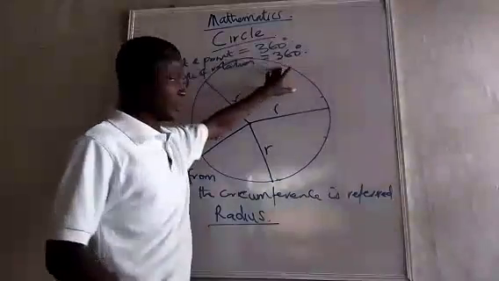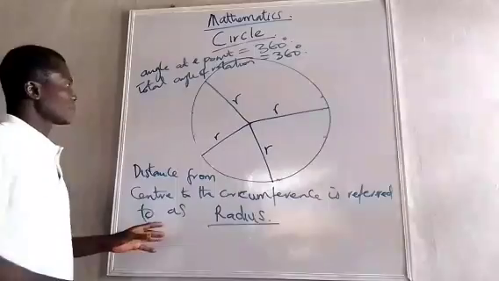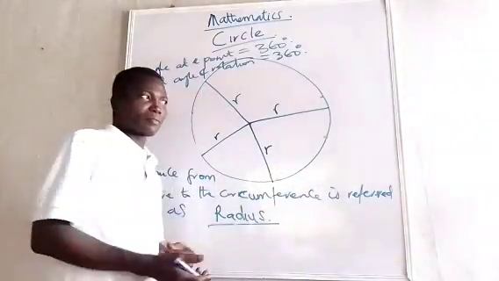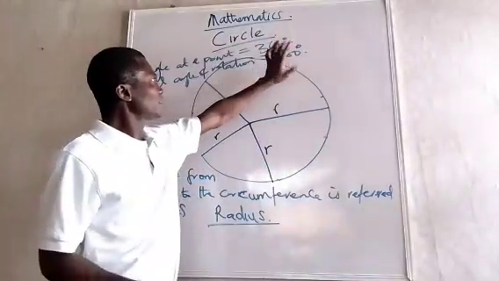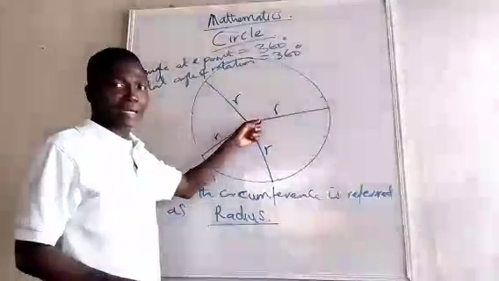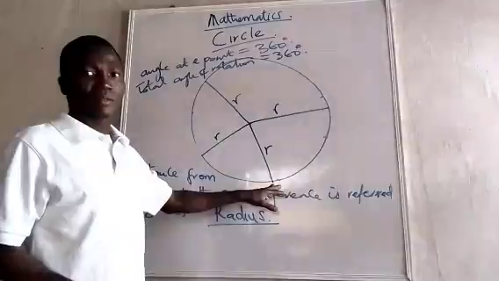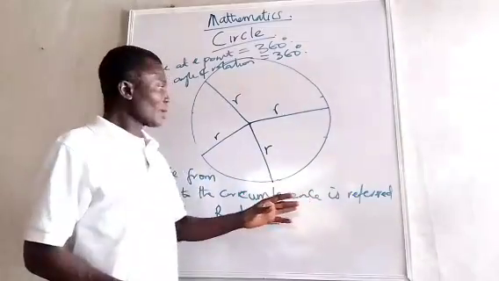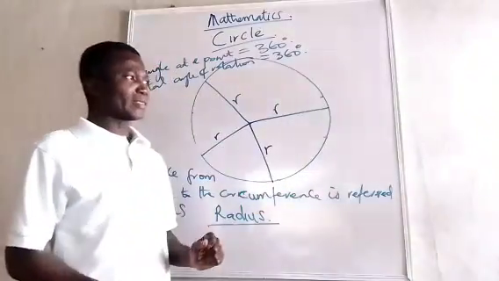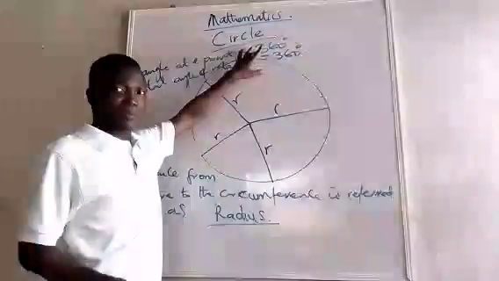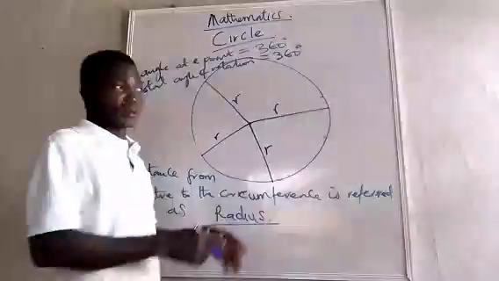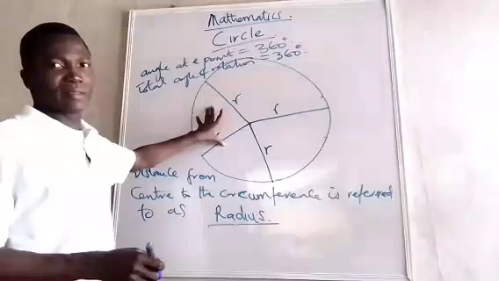So, with this, it means that we can cut the circle into different parts. Once we know the angle that is subtended at the center, we can measure the length of the cut parts. You can measure the area of the cut parts. Since we have known radius and angle at a point, or total angle of rotation, we can do so many things with the circle.